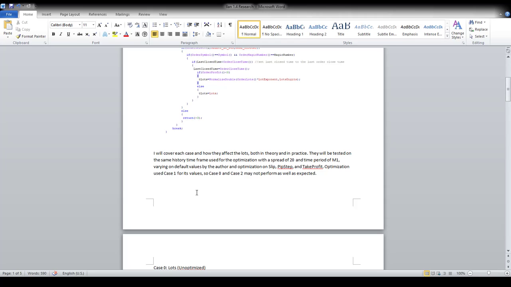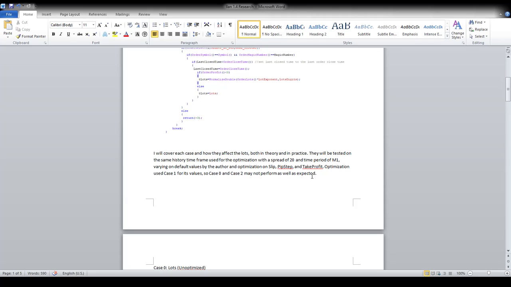They'll be used on the same history time frame from July 1st, 2017 to June 30th, 2018. The spread will be 20, the time period will be M1.